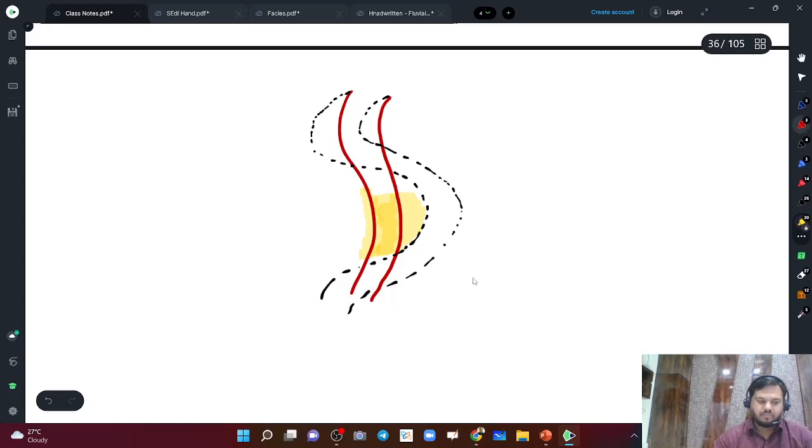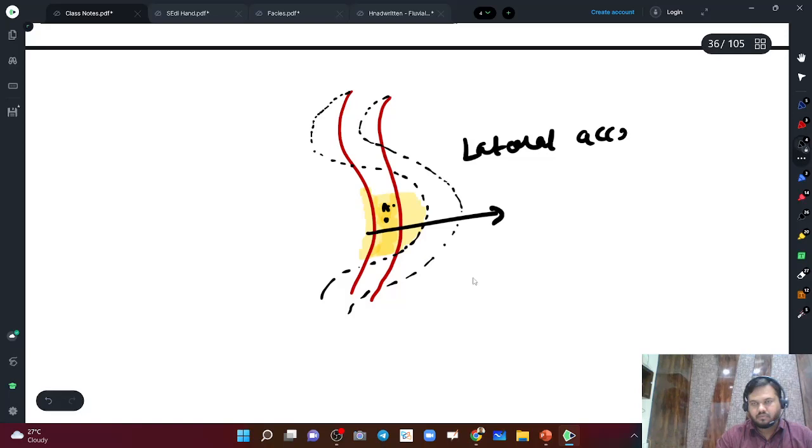So suppose this is point A here. What is happening here? There is more accretion of the sediment laterally. So this is lateral accretion. Right? So at A, what will you find? You will find a channel and then a point bar, right? Firstly, what will you find at A?